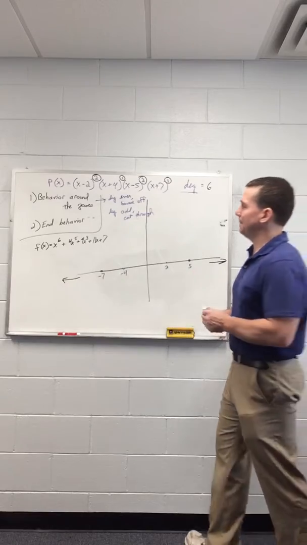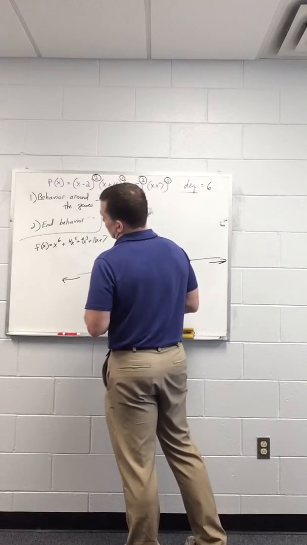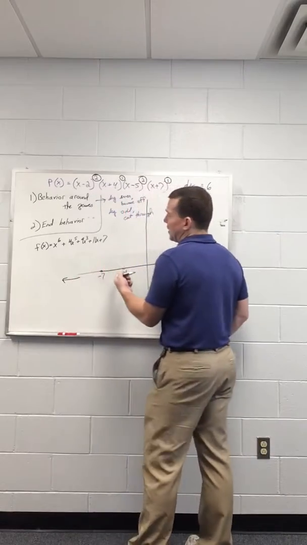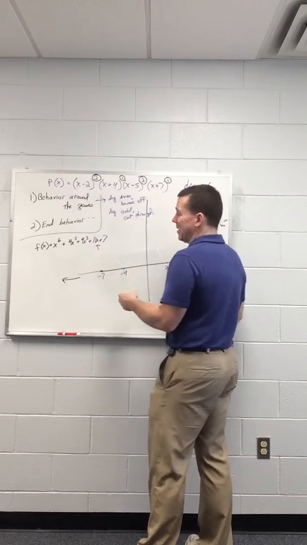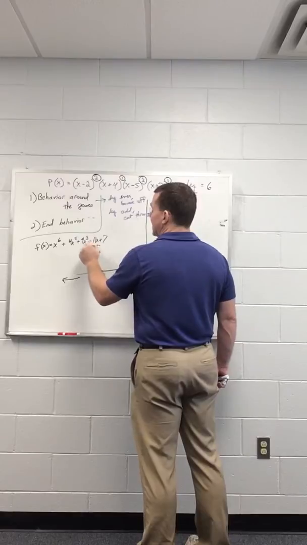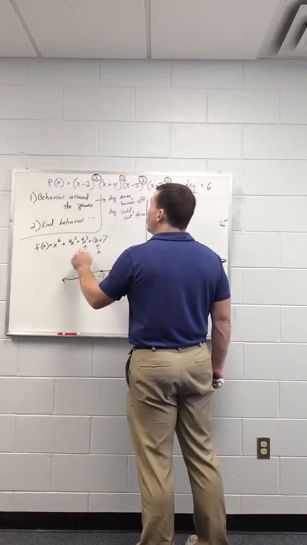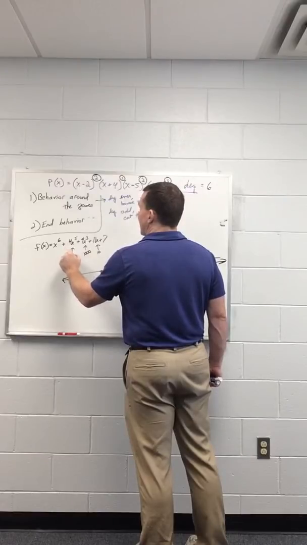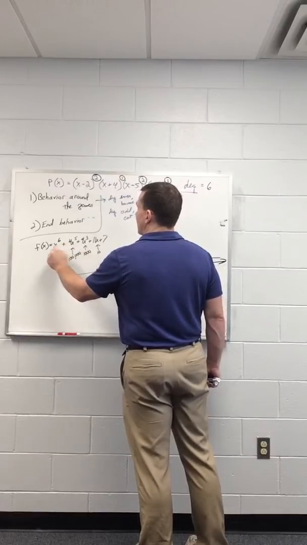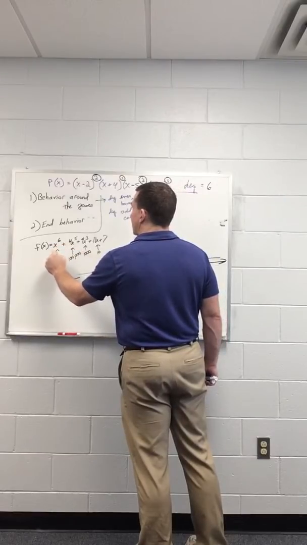And if you think about it, as x gets really big, say x is 10. I know that's not really big, but if x is 10, 10 cubed is 1,000. 10 to the 5th is 100,000. And 10 to the 6th is 1,000,000.